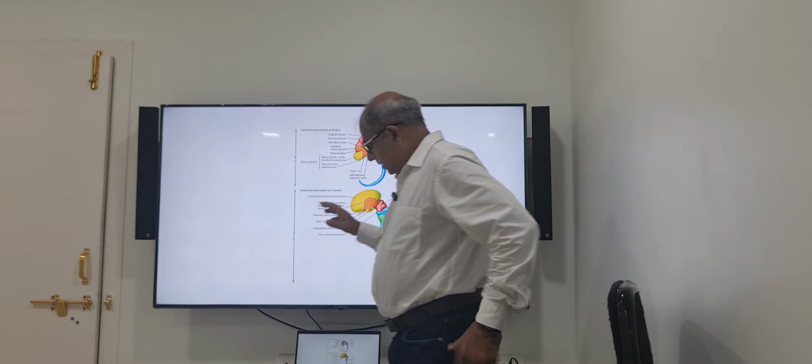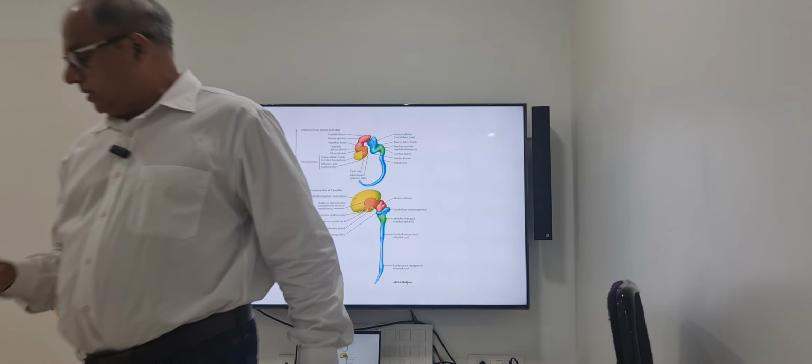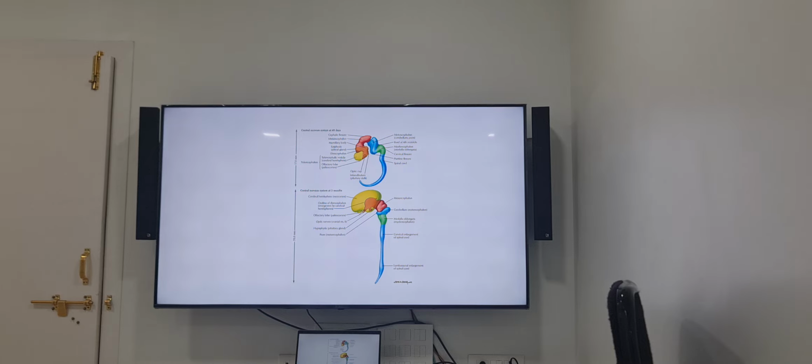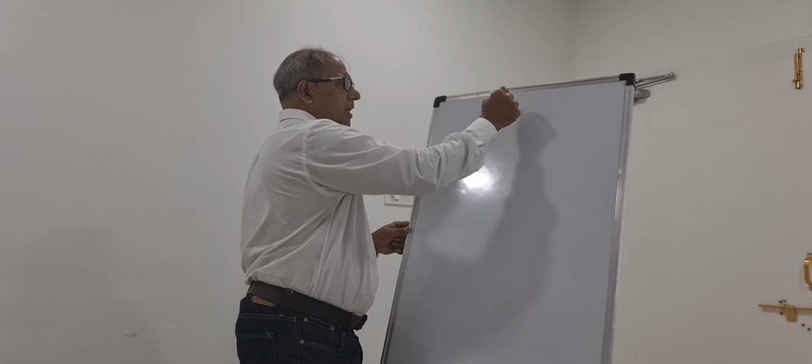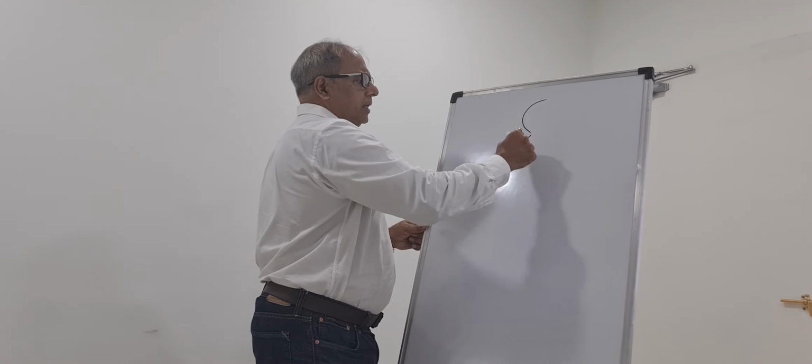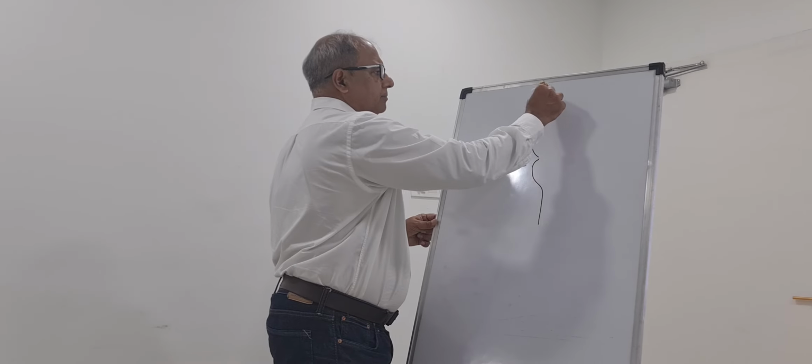So, if I go for the embryology, the brain and spine are formed by the neural tube. The neural tube is a single tube with 3 constrictions and 1 tail.